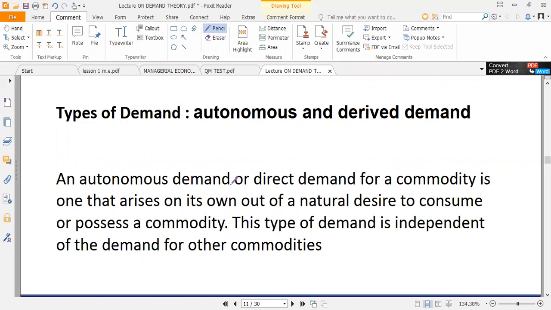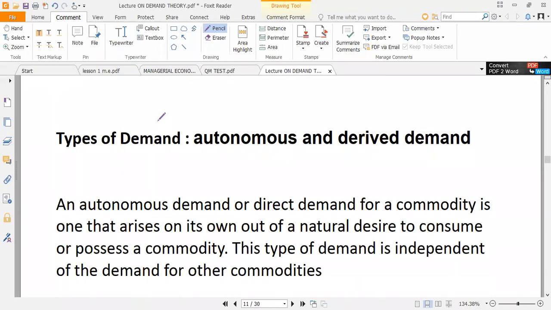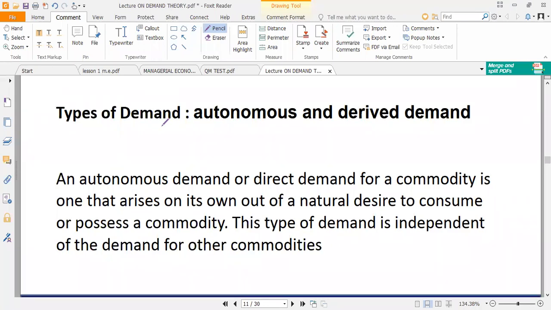This type of demand is independent of the demand for other commodities. There's what we call instinctive demand. Demand which is autonomous is what comes instinctively. The desire, you need clothing when you're born, regardless of fashion, you just need that. So we call that autonomous demand.